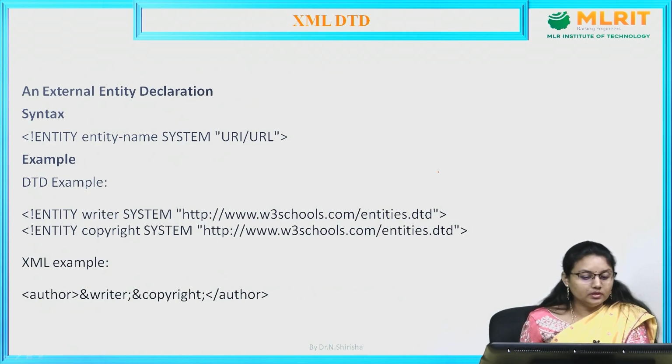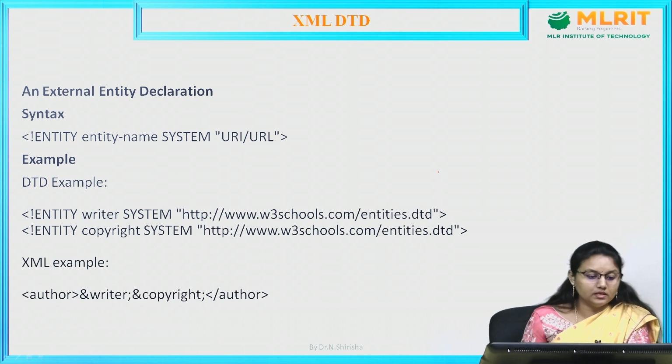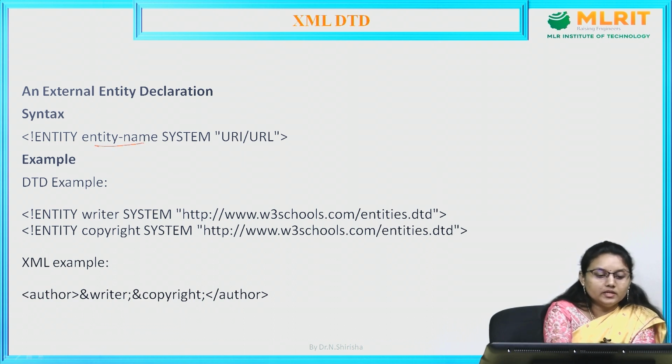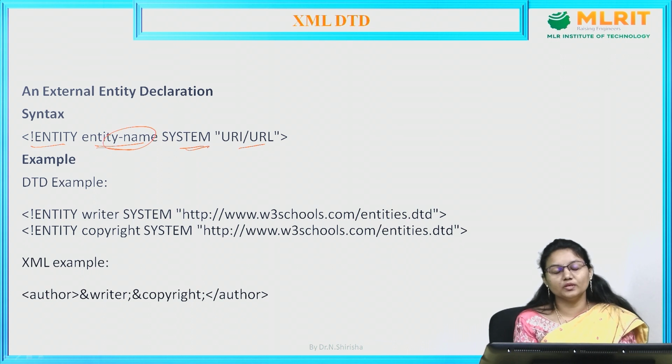So here is a DTD example for external entity. In the external entity: entity name, system, URL. Like how we gave it for the external DTD, simply by giving a note element. Note is nothing but the element name, followed by the system keyword, followed by the external DTD name.